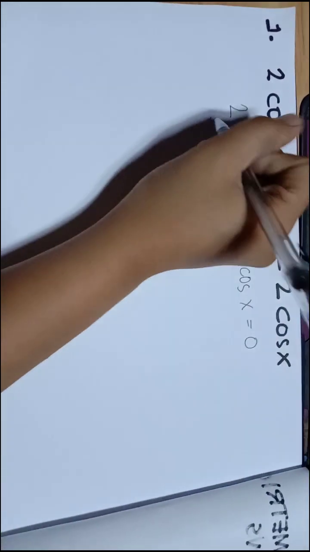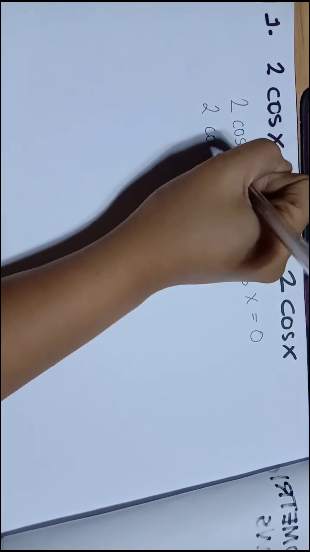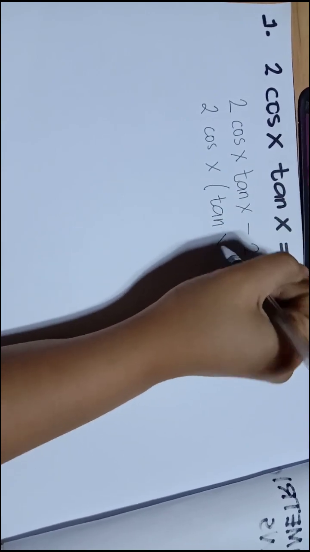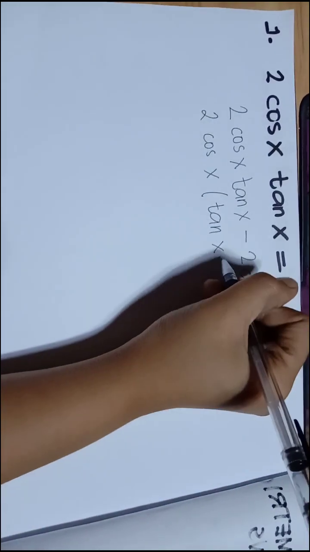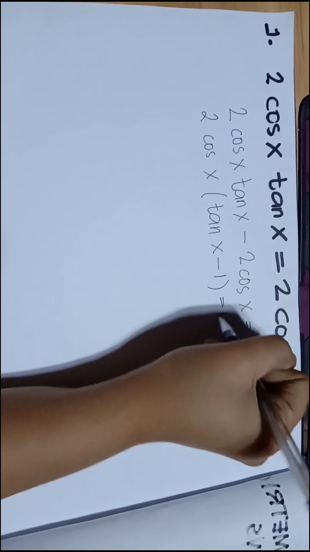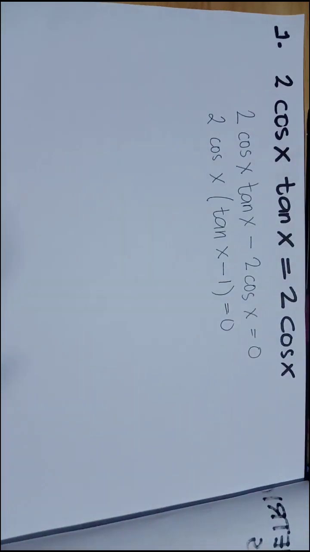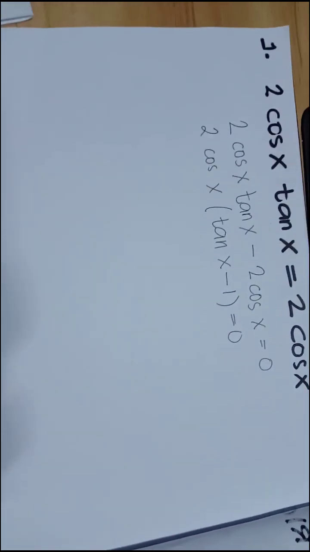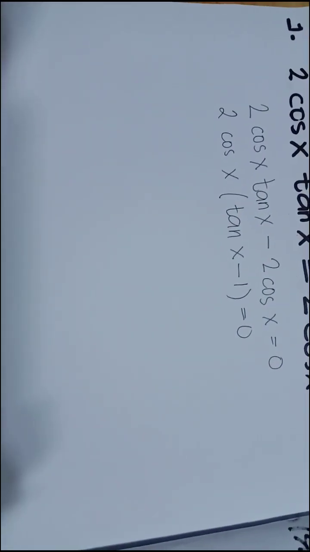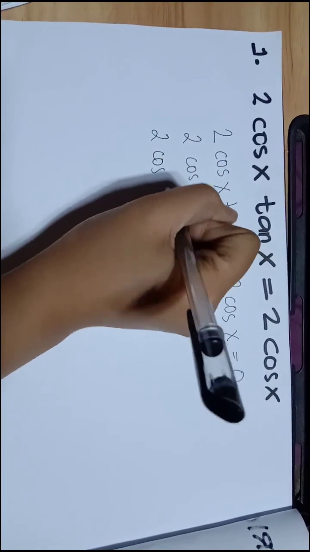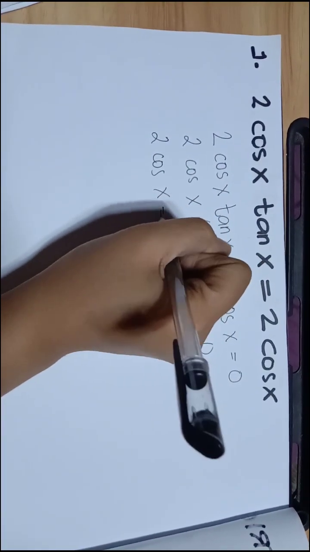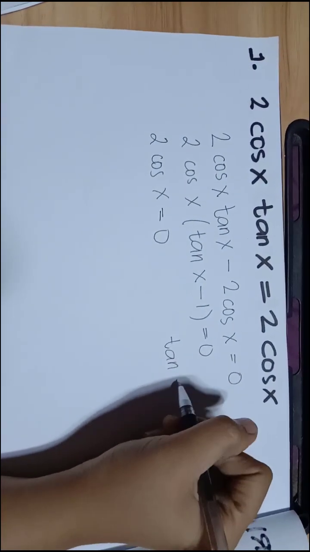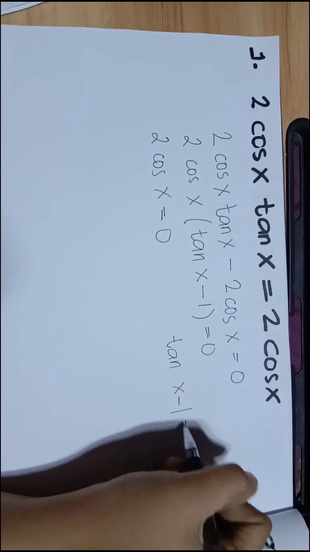Okay, now 2 cosecant x, quantity of tangent x minus 1 equals 0. We can now equate each factor to 0. So now, we have 2 cosecant x equals 0, and the other one is tangent x minus 1 equals 0.